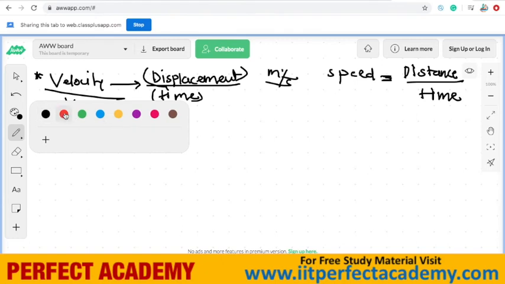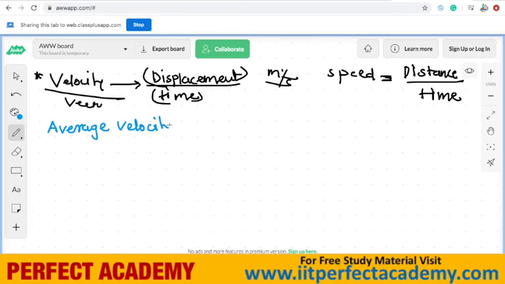Here what you are learning especially is a term called average velocity. Now what is this average velocity? Let us say I am defining a motion of a particle in x direction with respect to time.